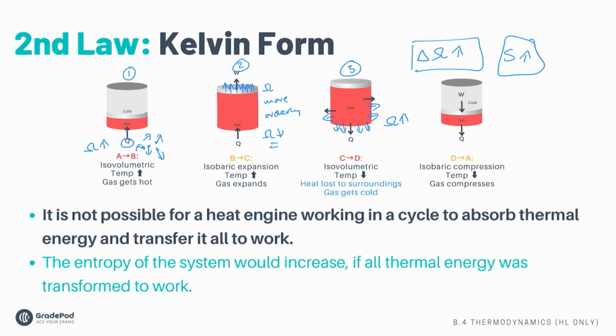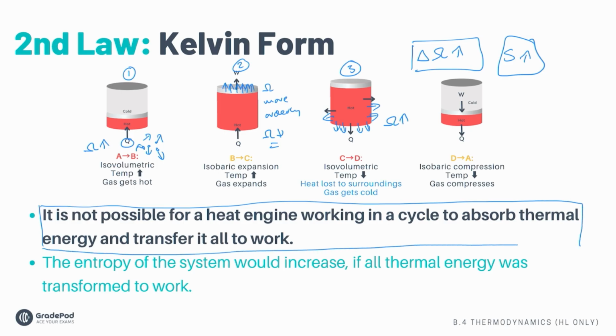And what Lord Kelvin came up with, he said, it is not possible for a heat engine working in a cycle to absorb thermal energy and transfer all of it to work. He said some must be released to the surroundings, otherwise the entropy of the system would decrease.